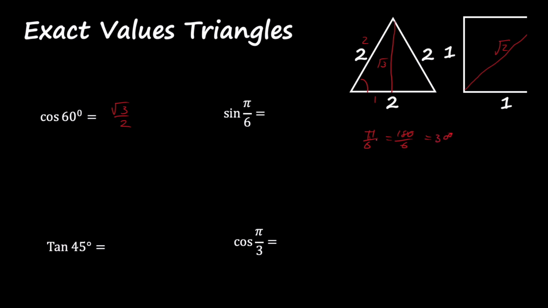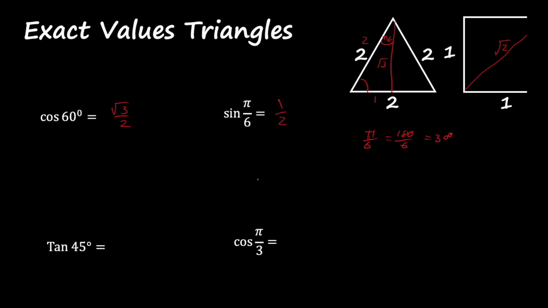I'm just doing this now, but eventually you'll come to know these straight in your head. So that's up here, pi over 6. That will be opposite over hypotenuse, which goes 1 over 2.